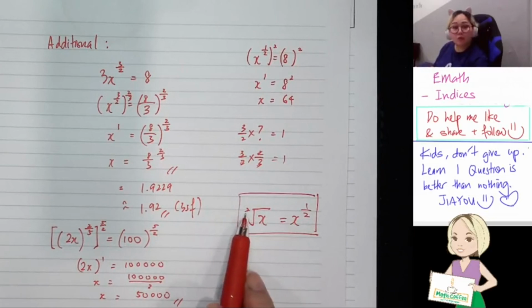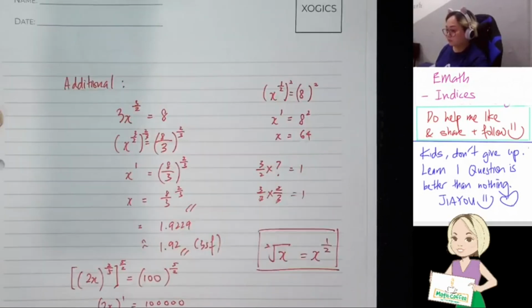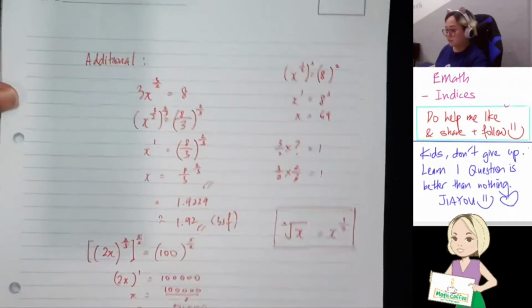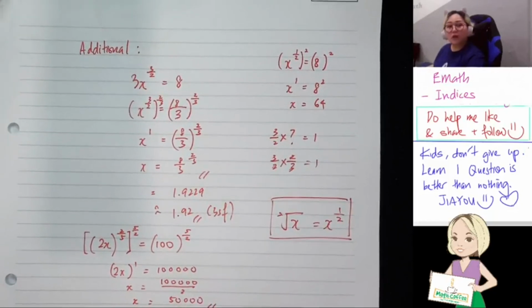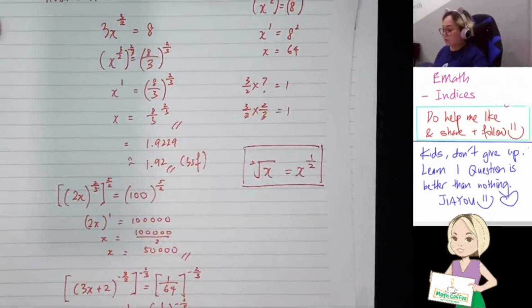It's just that for square root, we don't put a 2 there, but it means there's an invisible 2 there. So square root, you need to know is to the power of half.